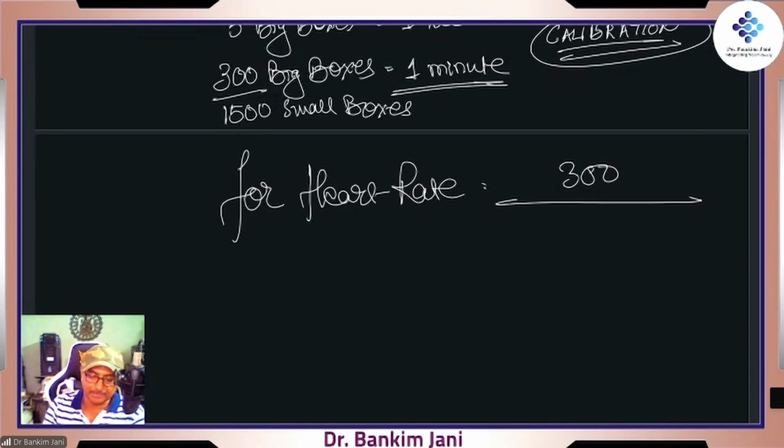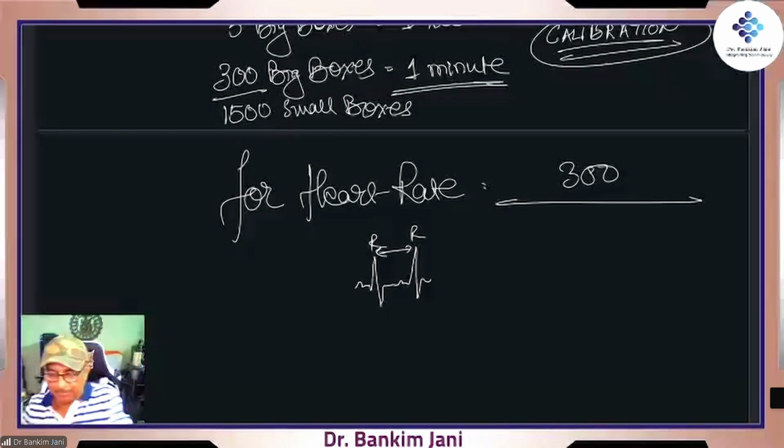Say for example, this is R, and then another R. So let's measure the distance between them. How many such units will be there in 1 minute? That is what we want to find out. So all we need to do is find this distance and divide by it.